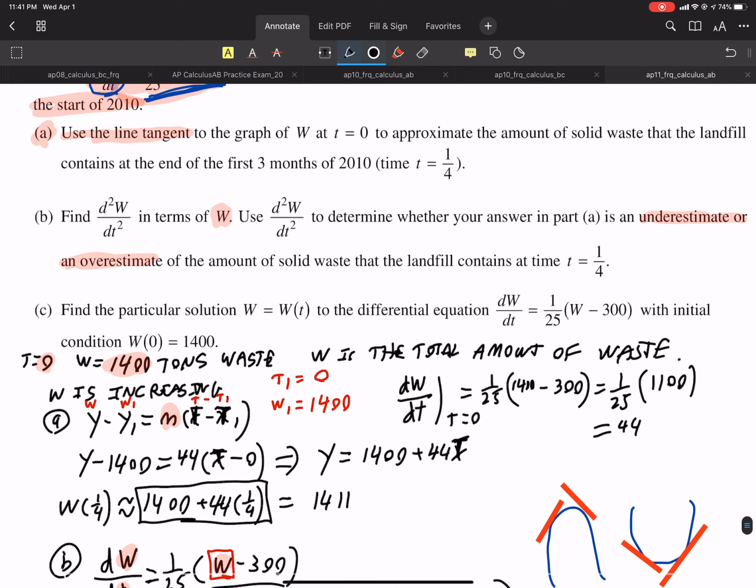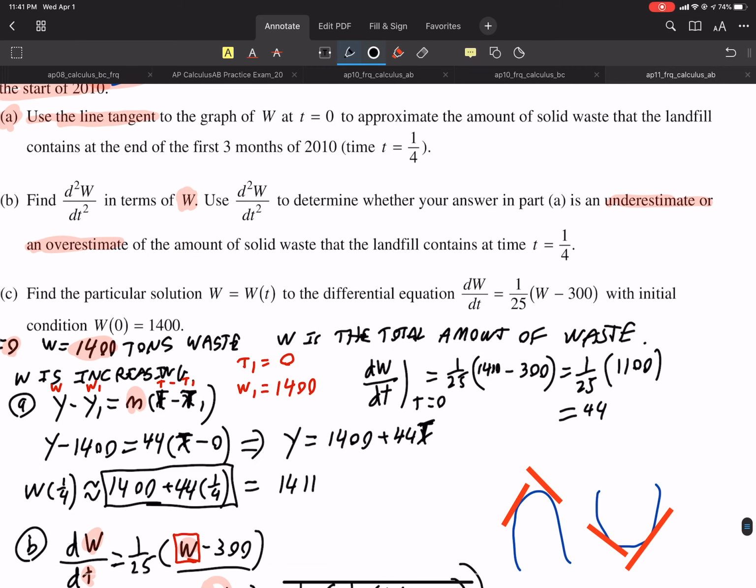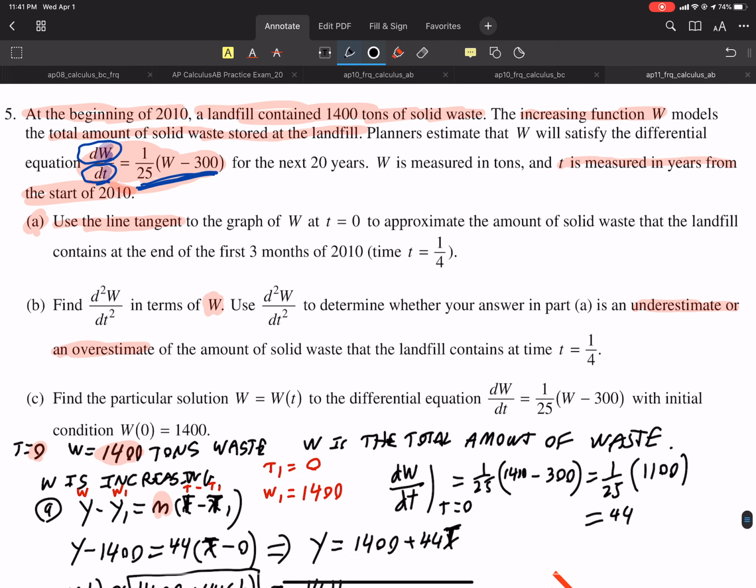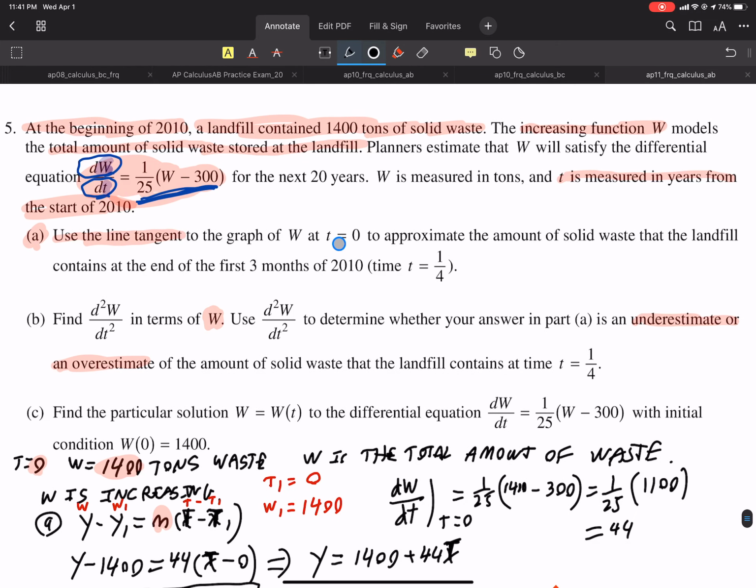How do we know the amount of solid waste is bigger than 300, less than 300? It starts with 1,400 tons. Now, if you didn't have any other information, you don't know if that's always bigger than 300, because maybe they take some of that away or something happens to it. I don't know. You just can't assume that.